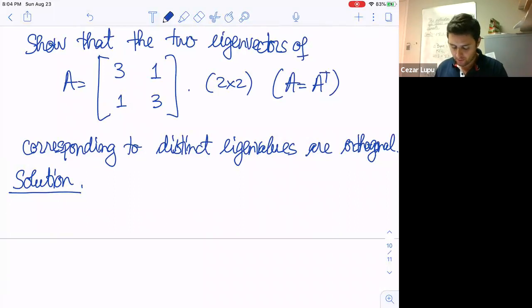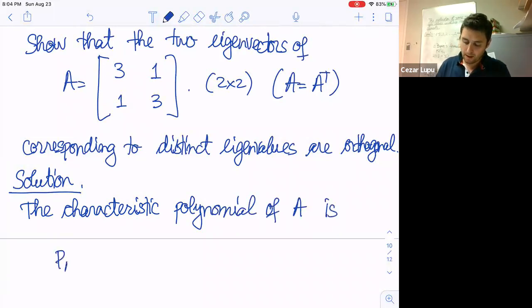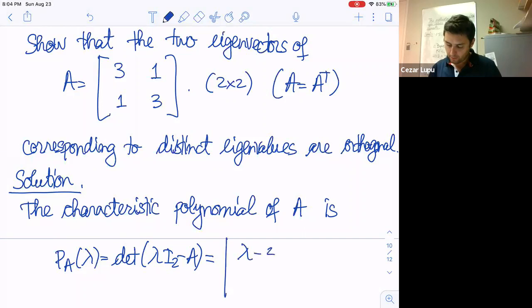Well, we need to compute first the characteristic polynomial of A. P_A of lambda is nothing else than the determinant of lambda times the identity minus A, which gives us lambda minus 3, minus 1, minus 1, lambda minus 3.